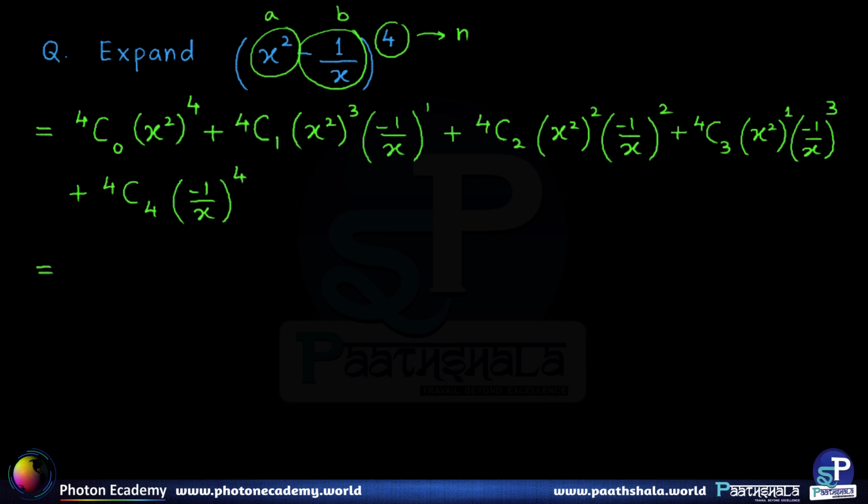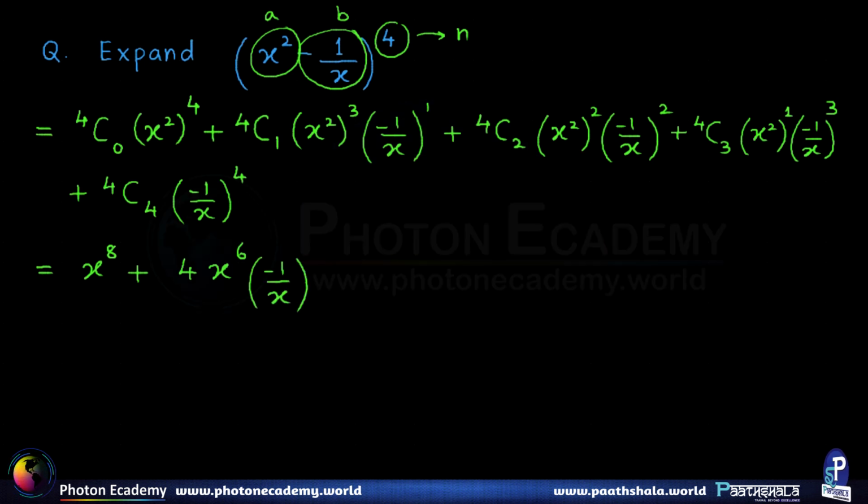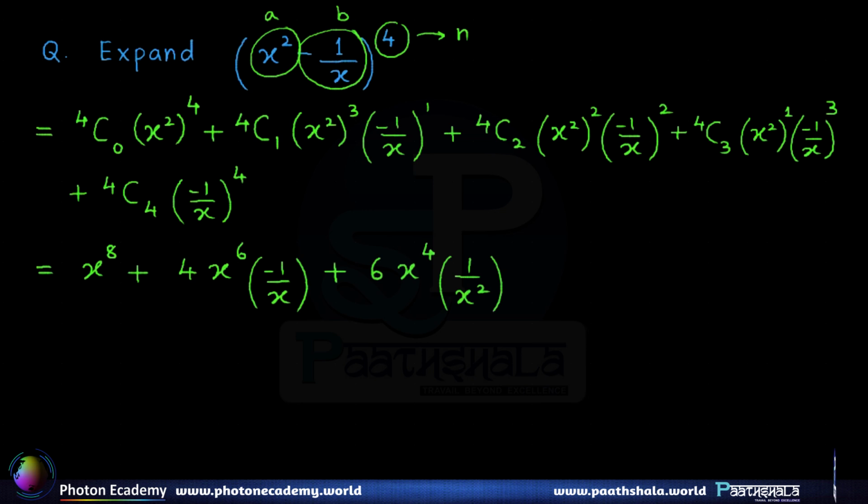So simplifying that further, since 4C0 and 4C4 both are 1, no need to write them. x square raised to 4 becomes x raised to 8, plus 4C1 is 4, then (x square) the whole cube is x raised to 6 into minus 1 upon x, so we write it as it is, plus 4C2 is equal to 6, (x square) the whole square is x raised to 4 into (minus 1 upon x) the whole square becomes plus 1 upon x square, then 4C3 is same as 4C1.